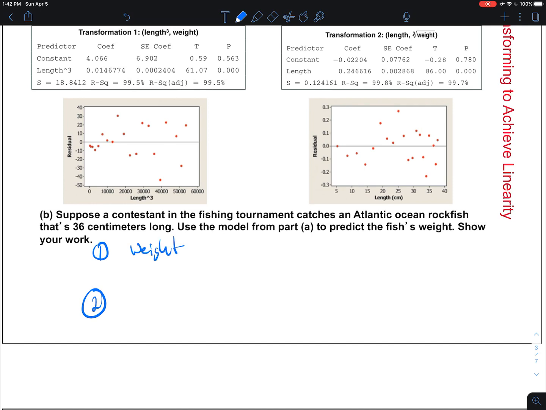So weight hat equals 4.066 plus 0.01467774 times 36, and that's going to get cubed.